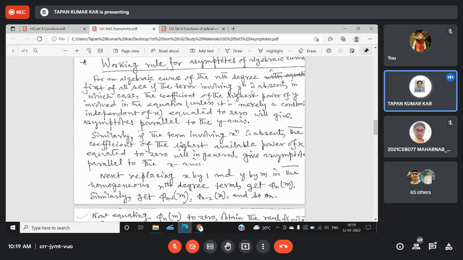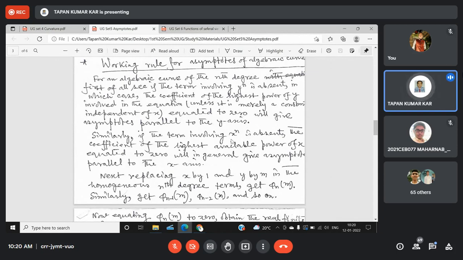There are asymptotes parallel to the y-axis. Just as in rule 2 I have mentioned, if the highest degree term is absent, there are asymptotes parallel to the y-axis. So, if the term involving y to the power n is absent, in which case the coefficient of the highest power of y involved in the equation equated to 0 will give the asymptotes parallel to the y-axis.